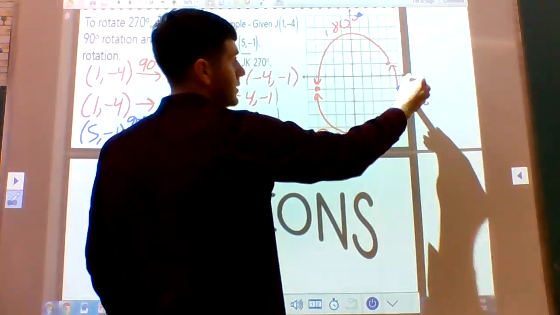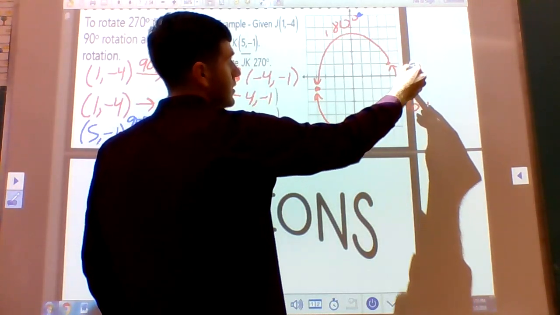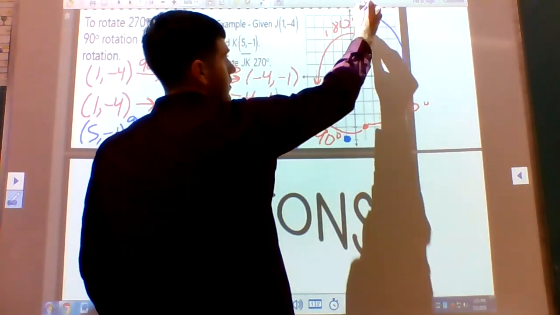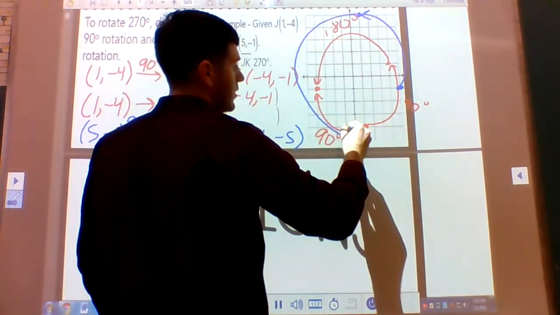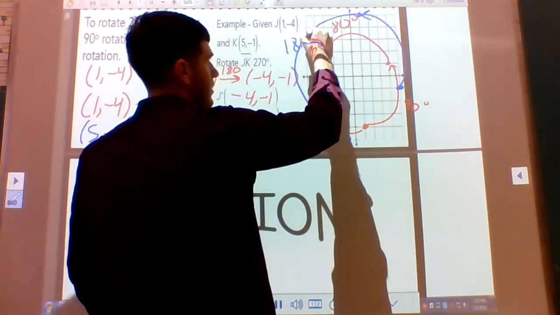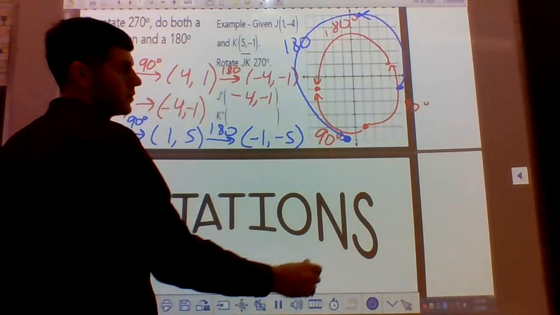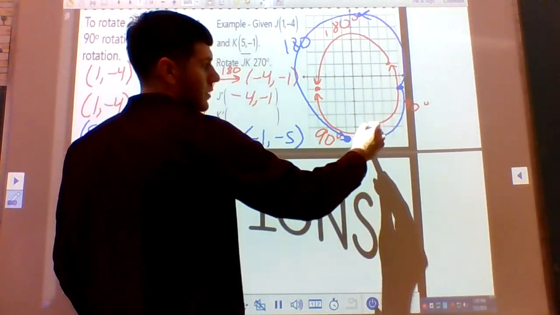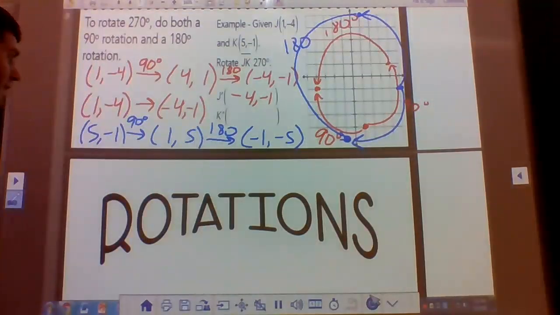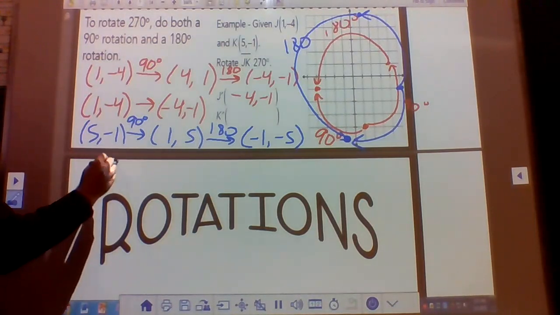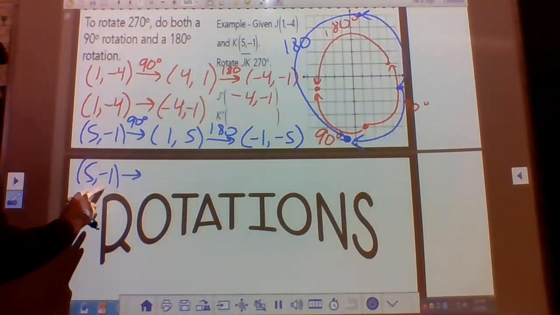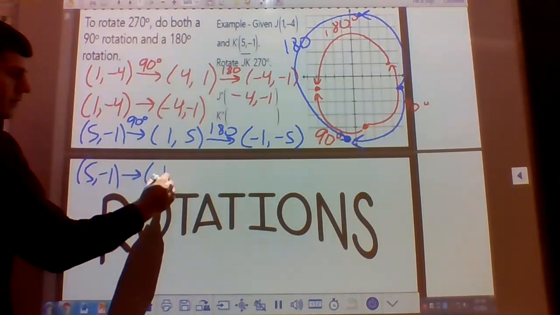So we did a 90, then we did a 180. The alternative could have been to do a 90 clockwise. So if we did a 90 clockwise, we would have had 5, negative 1. We switched the numbers, so it becomes 1 and 5.